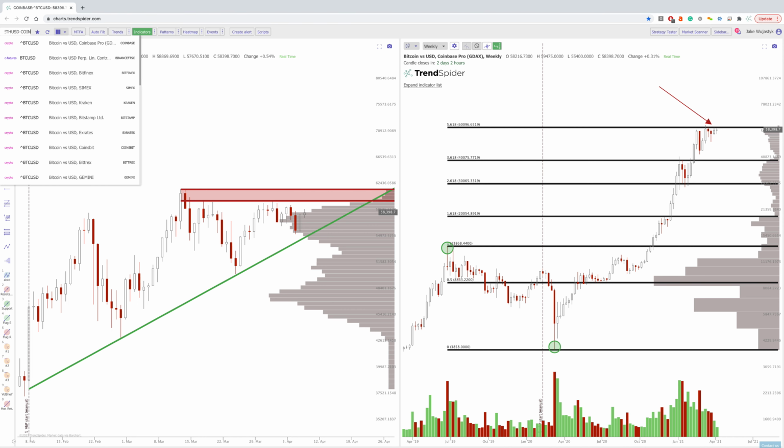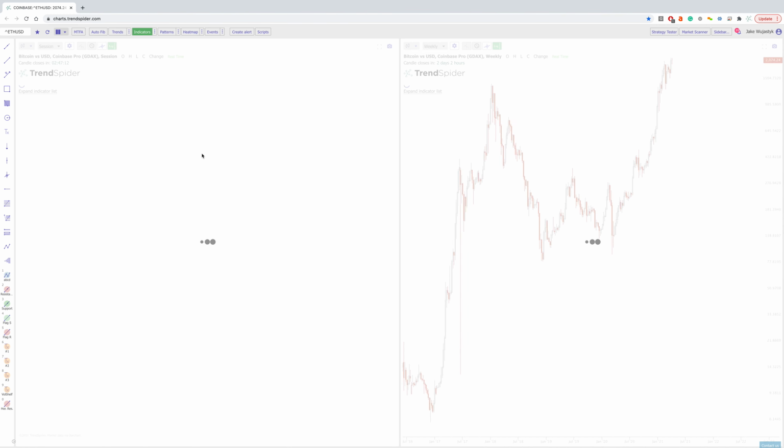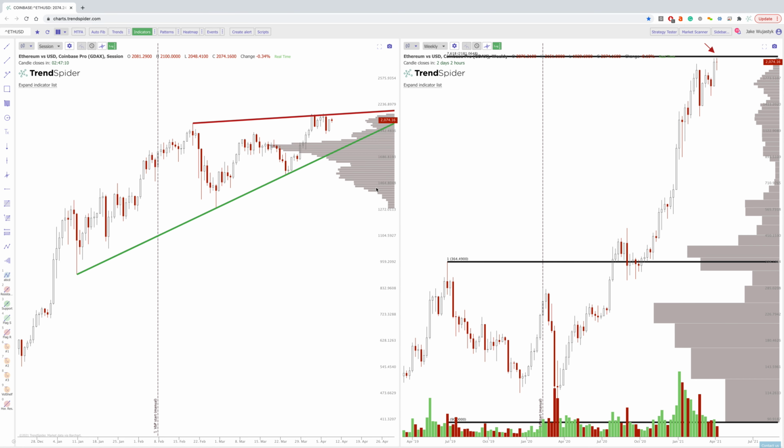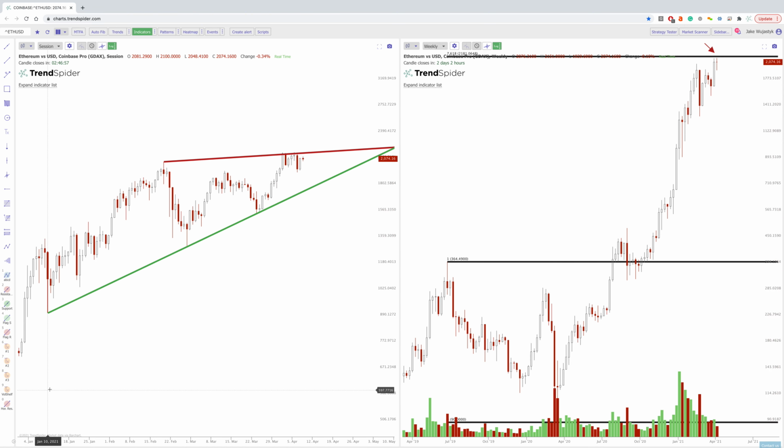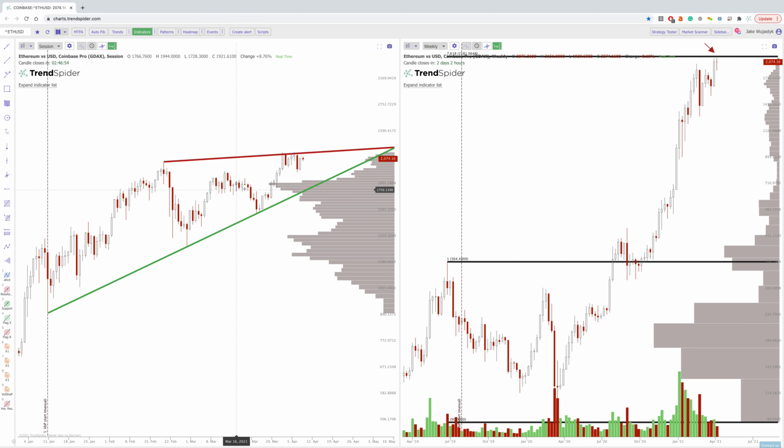Now, Ethereum's a little bit of a different story. We still have a similar setup, but instead this is more of an ascending wedge here, and you can see that we are kind of trying to break through, but we also have a lot of room to the downside. If we start the volume by price and measuring what the ascending wedge volume profile looks like from the start here on January 10th, you'll see we have quite a bit of volume below.